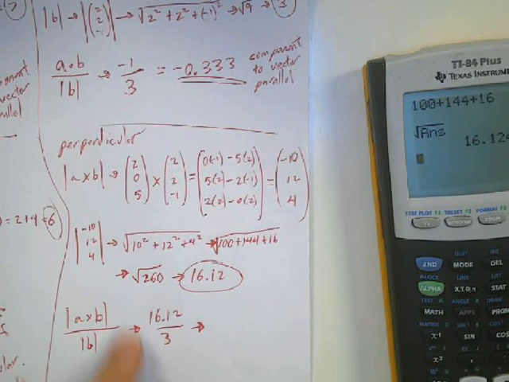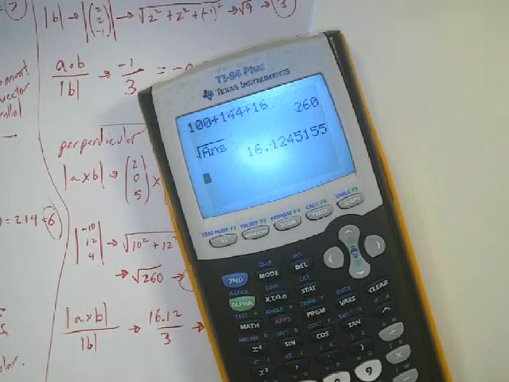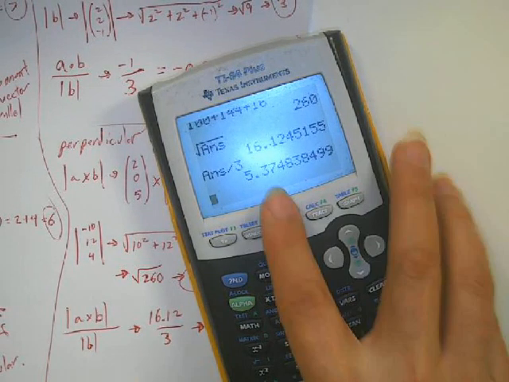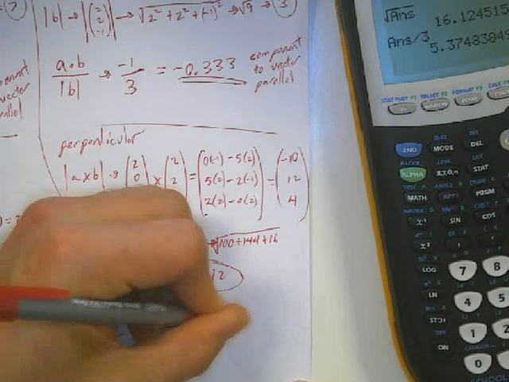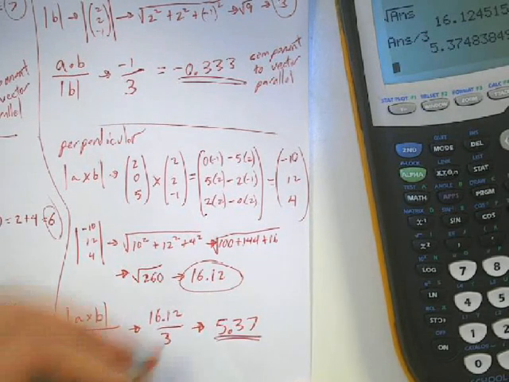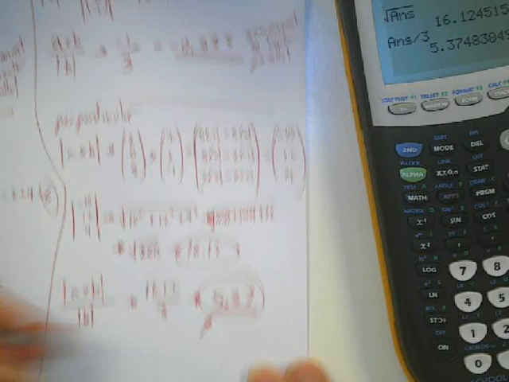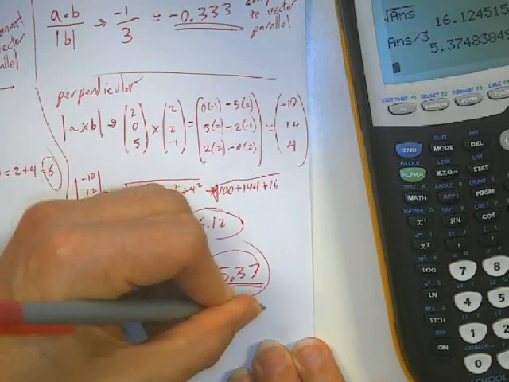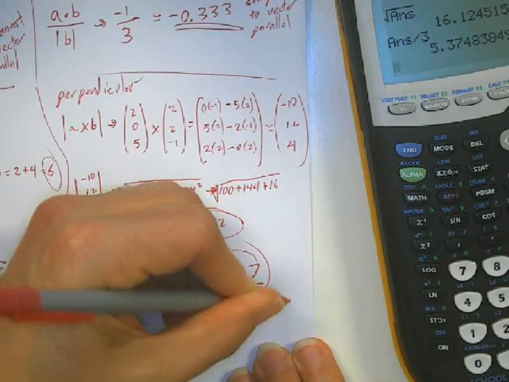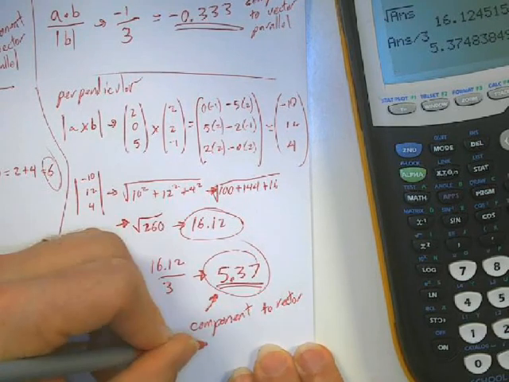So this divided by that, so that answer divided by 3 gives me 5.37. So this is the component perpendicular to the vector.